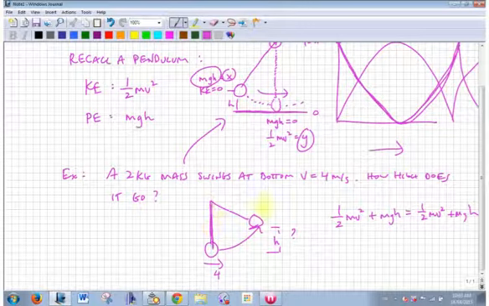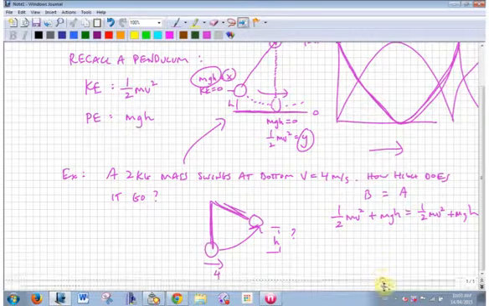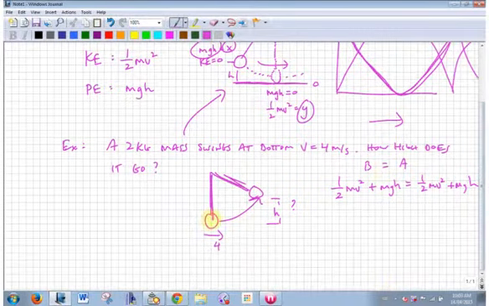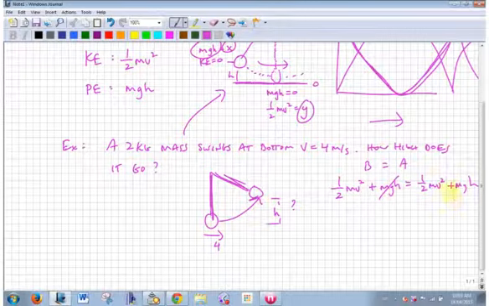This is before, this is after, okay? Before is after, just like thinking of momentum. Okay, but at the bottom, B for bottom, mgh is nothing. And at the top here, it stops. So kinetic is nothing. So from there, I go 1/2 mv squared equals mgh.